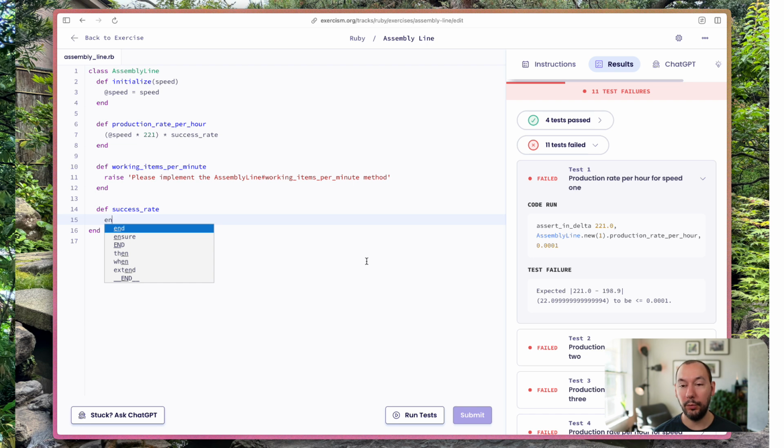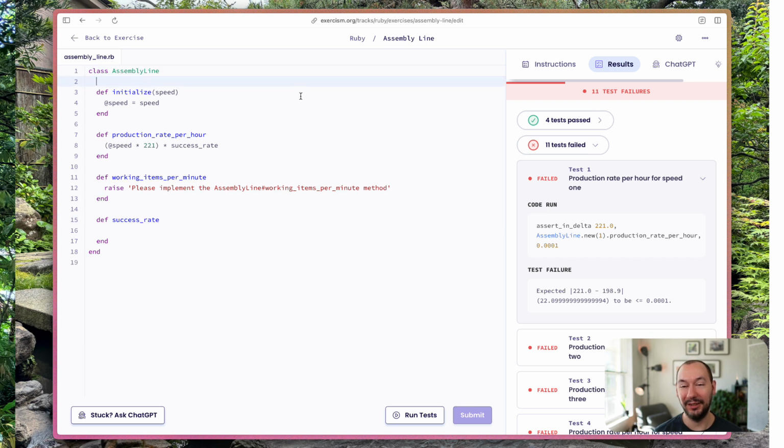So there's other ways to think about it. Maybe our success rate isn't going to be a method. Maybe our success rate is a constant. But because our success rate is variable, right, probably a constant doesn't really make sense. If you just think about it out loud, constant and variable.